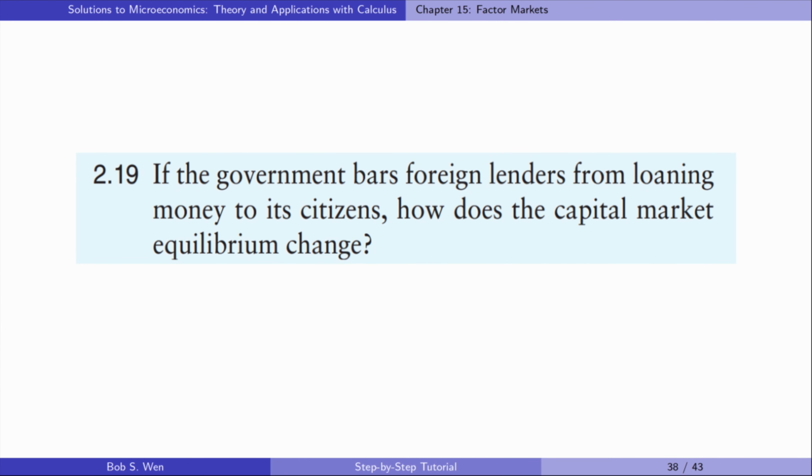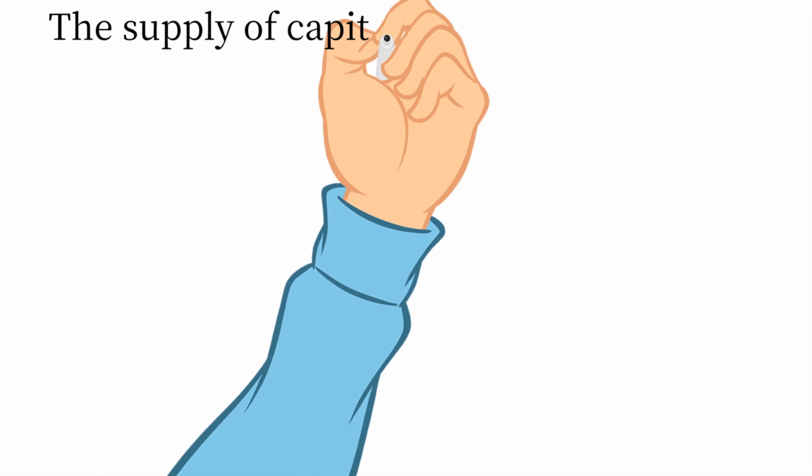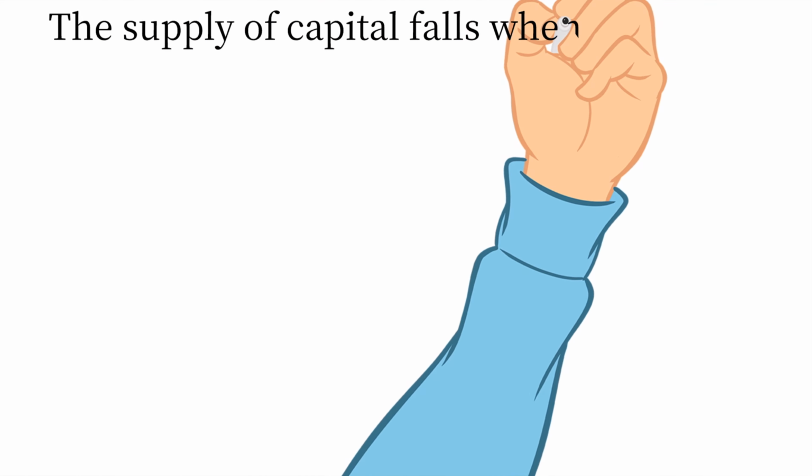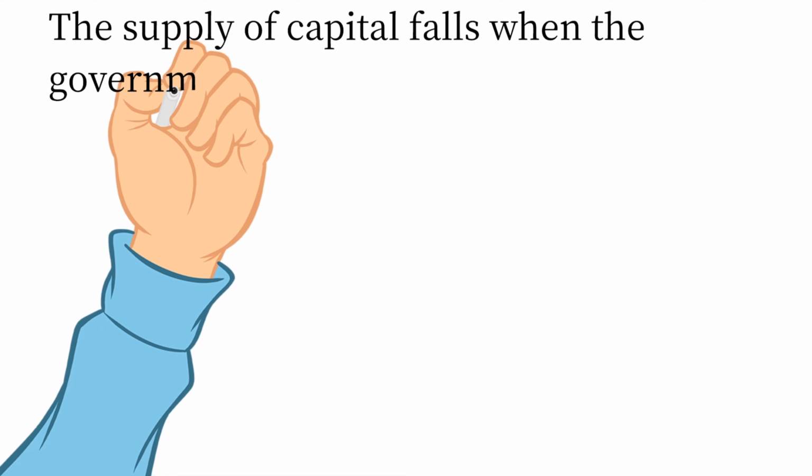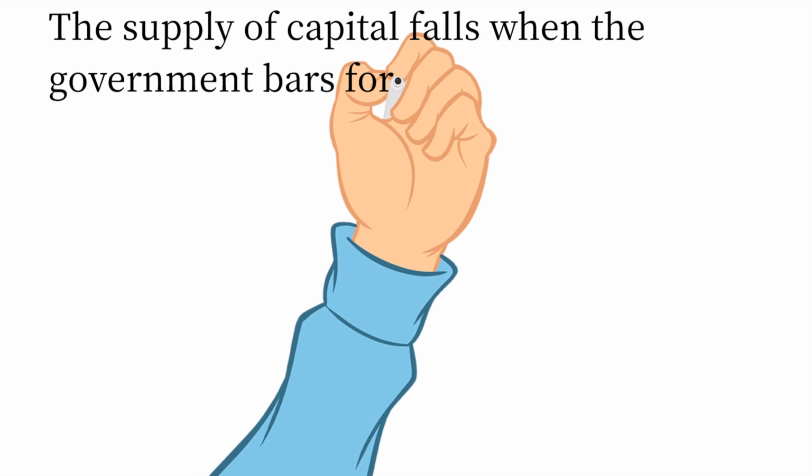Let's address exercise 2.19. If the government bars foreign lenders from loaning money to its citizens, how does the capital market equilibrium change? The supply of capital falls when the government bars foreign lenders from lending money to its citizens.